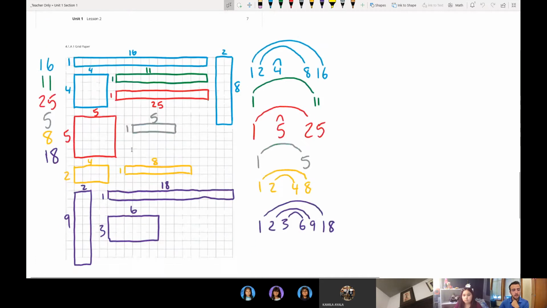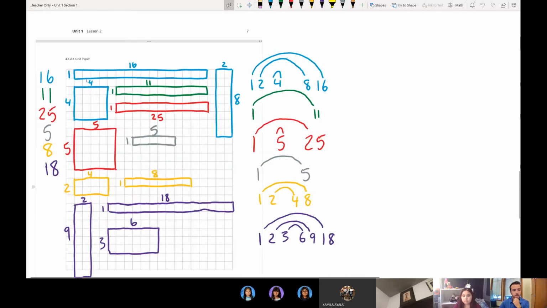And so I scrolled on down, and this is what we came up with. I color-coded it so it's hopefully a little bit easier for you, but you can see 16's in blue, and we found 3 rectangles that make an area of 16. We have 11 in green, we found 1 rectangle. Red 25, we found 2, and so on, as you can see.